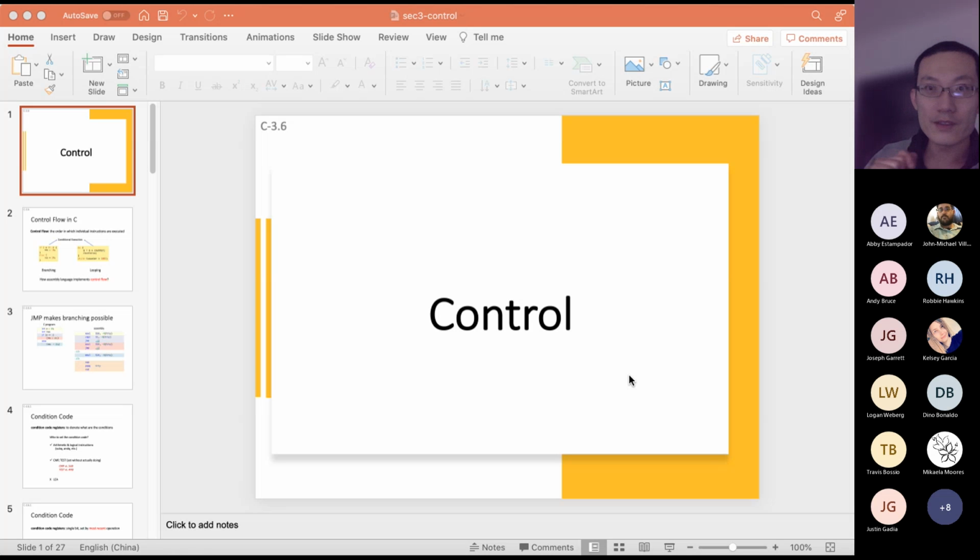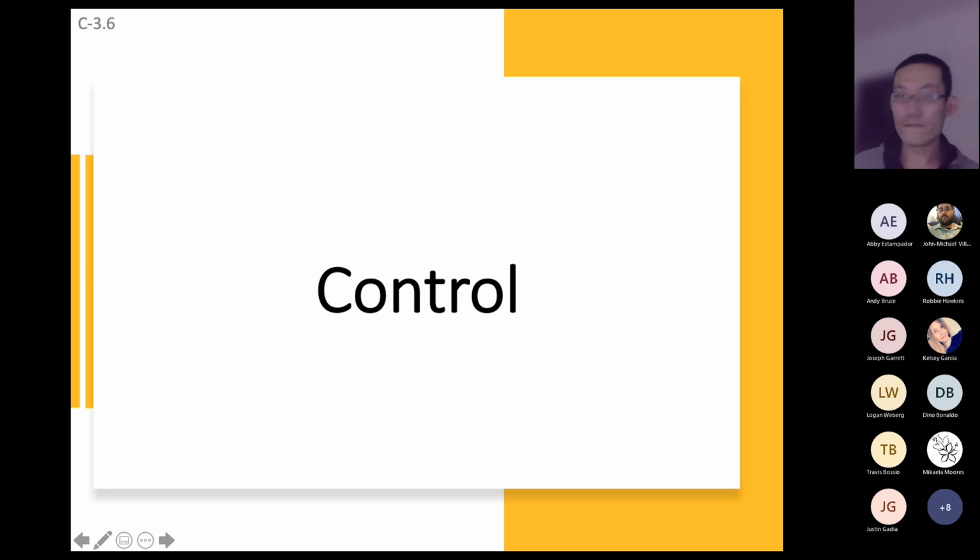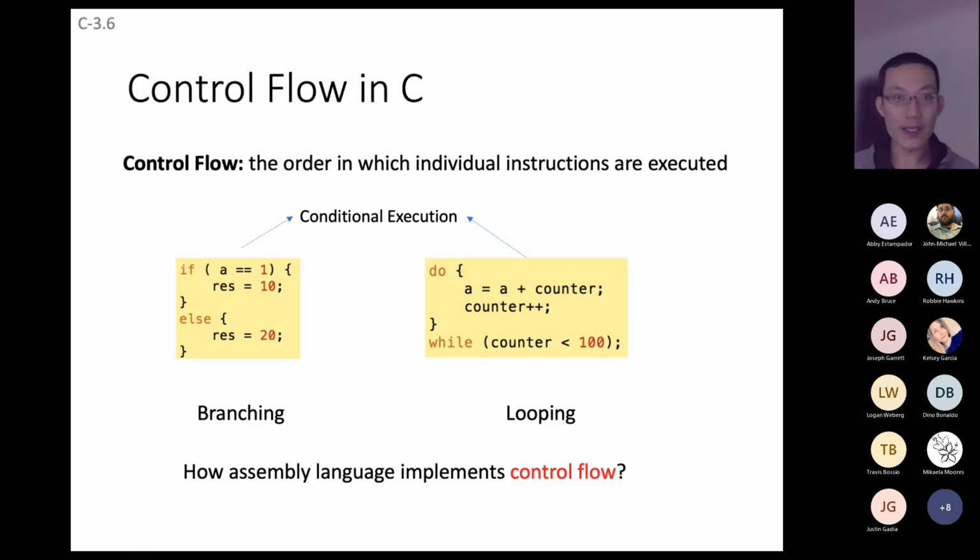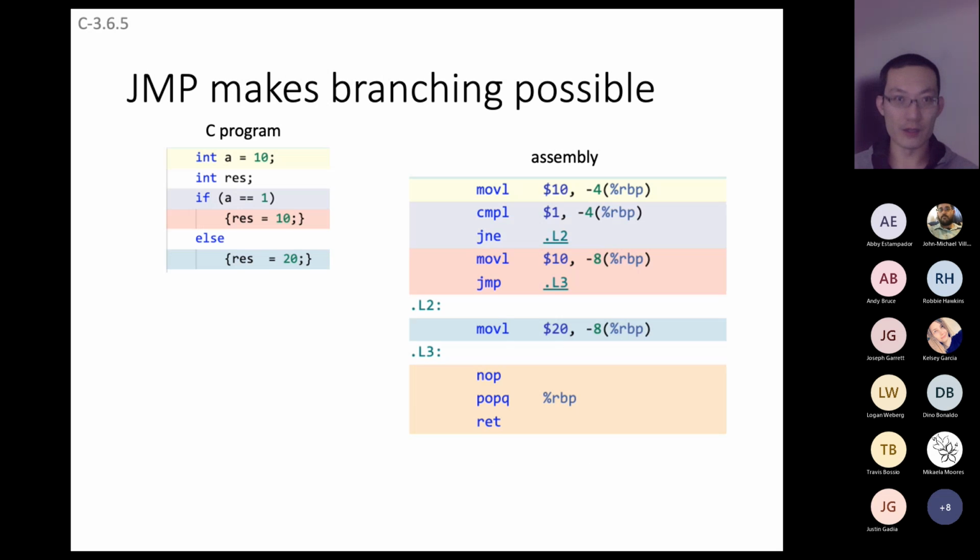Okay, let's get started. Let's review what we talked about last time. Last time we talked about control flow, the places where we want to branch. We looked at how assembly implements branching. There are three elements that make this branching possible.